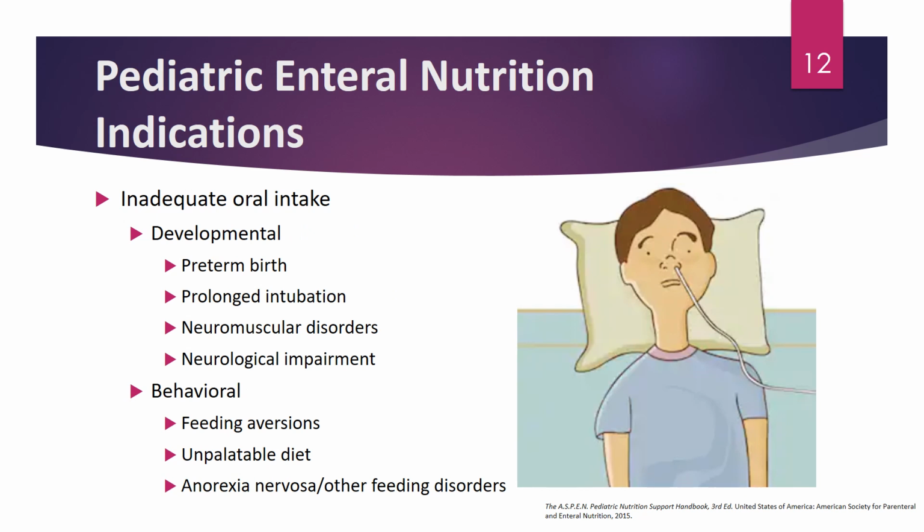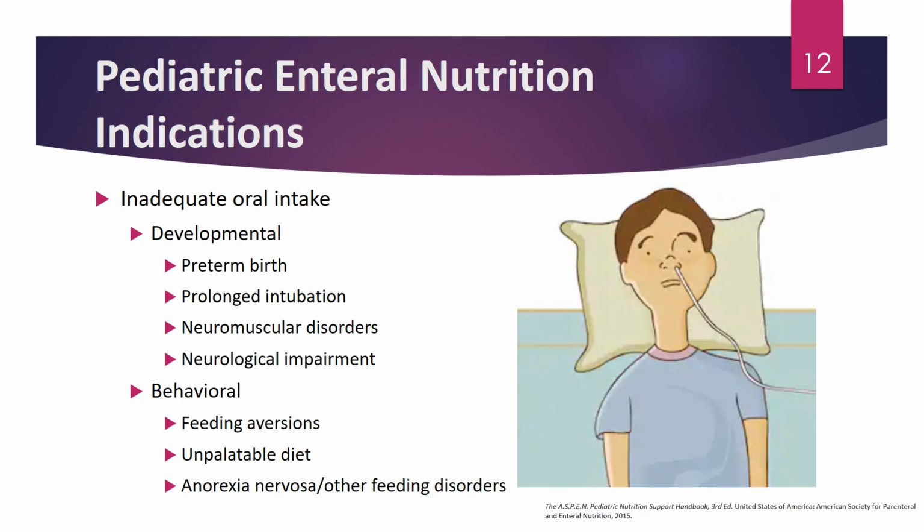In regards to also inadequate oral intake, enteral nutrition may be needed for patients who have developmental delays. So, for example, that includes a preterm birth. So if you're not born at 40 weeks gestational age, you may need to be on enteral nutrition depending on tolerability.